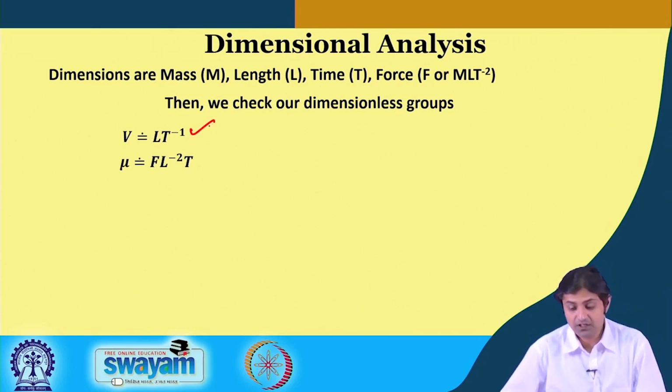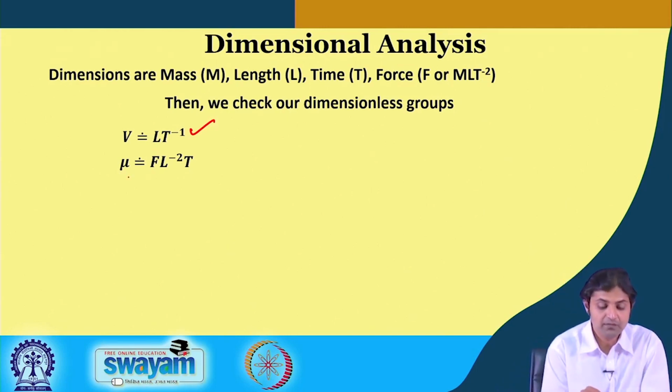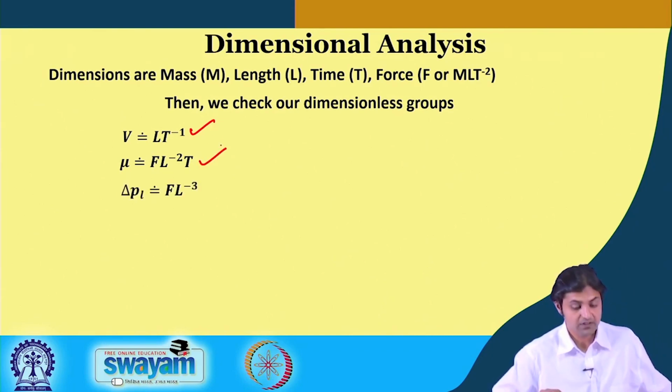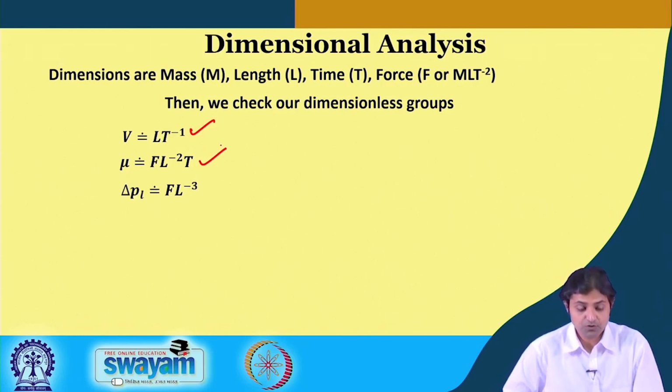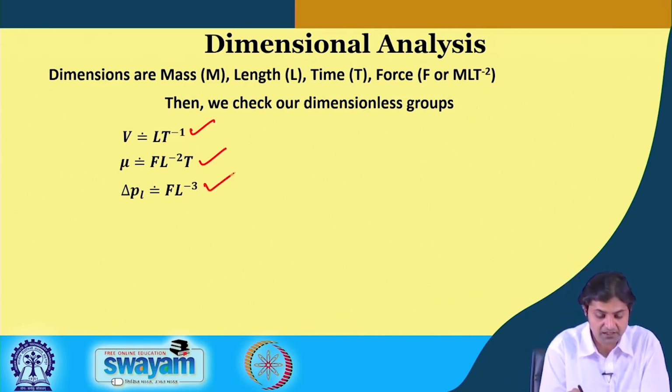In this problem we are writing everything in terms of F, L and T. So, mu, the dimensions can be written as F L minus 2 T. Pressure per unit length: F L minus 2 is the pressure, and per unit length, it becomes F L minus 3.